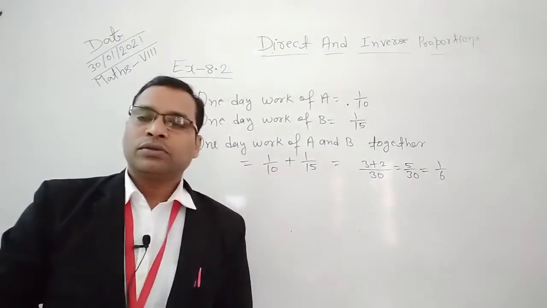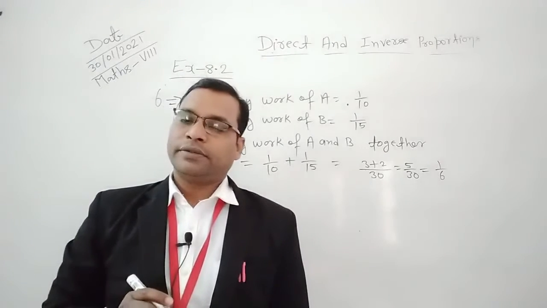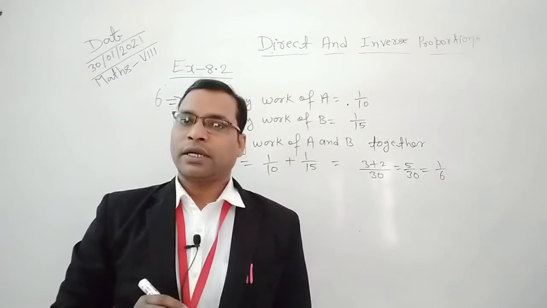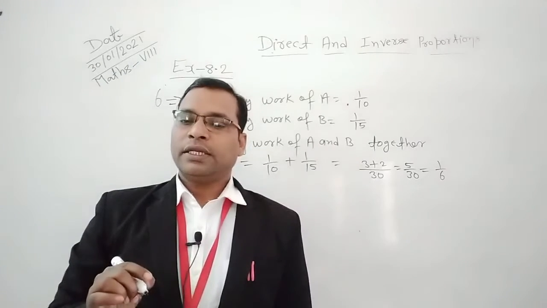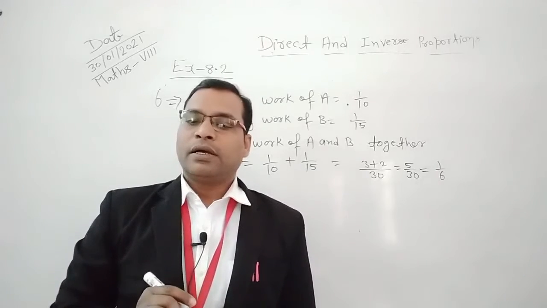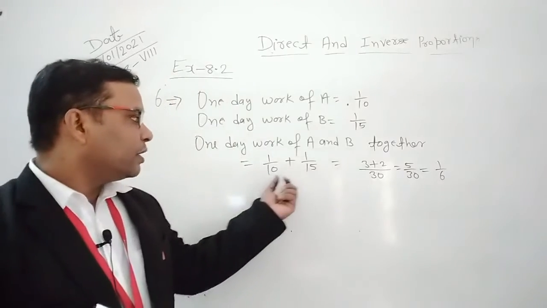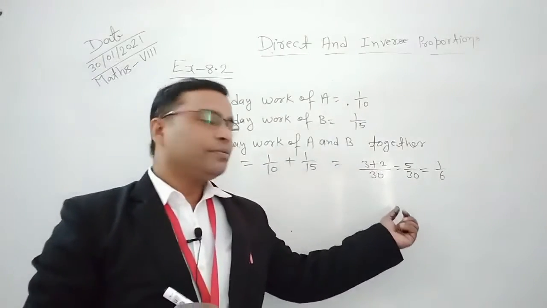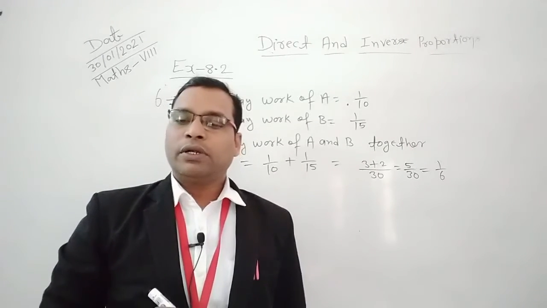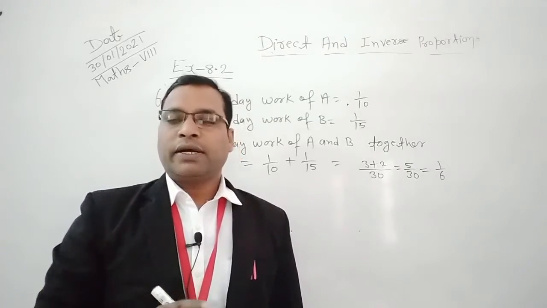Now, in this question it is mentioned that they work together for 4 days and then A left the work. So here we find the 4 day work of A and B together, because we obtained the 1 day work of A and B together. So we find the 4 day work of A and B together because they work together for 4 days.